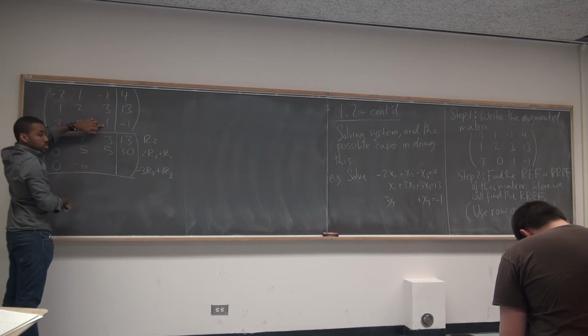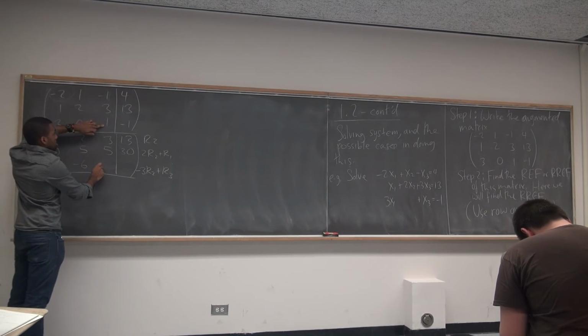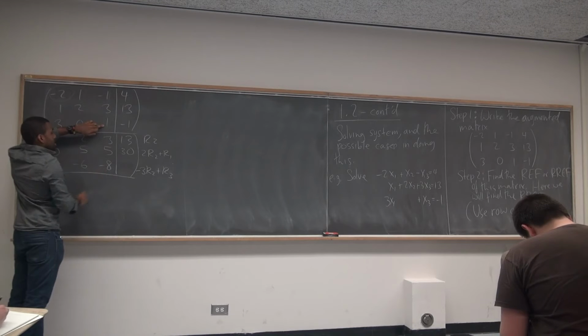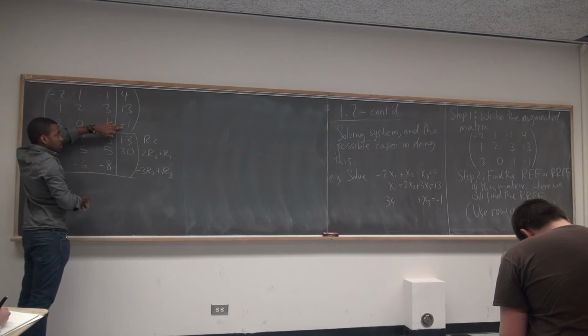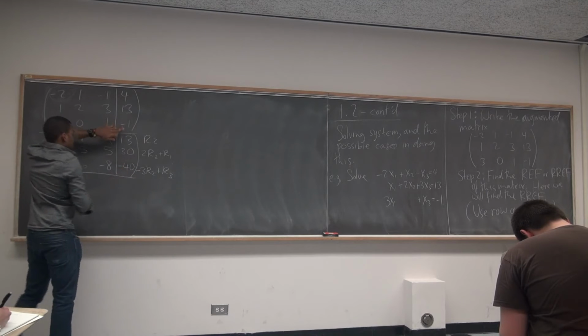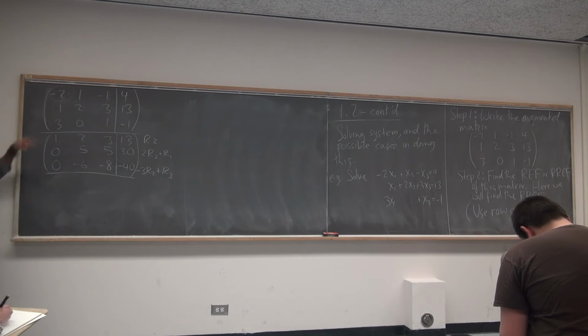This minus 3 times that, negative 5. Is it? 3 times 3 is 9, negative 8. Negative 8. This minus 3 times that, negative 40. So you see, in one step, I've established a pivot and killed everyone below it.